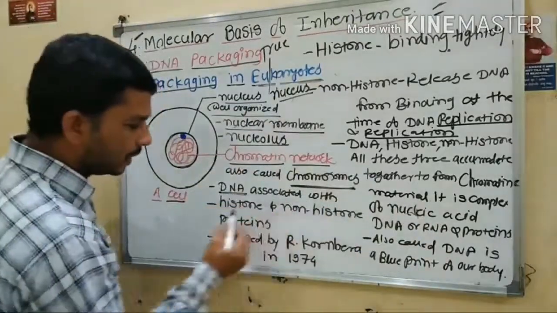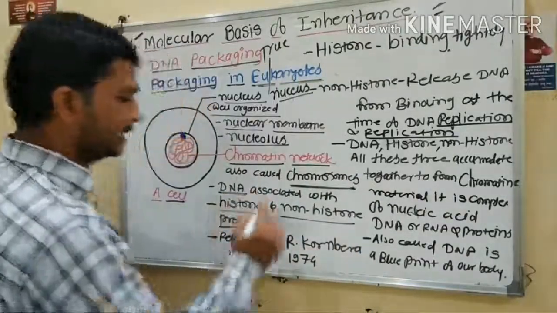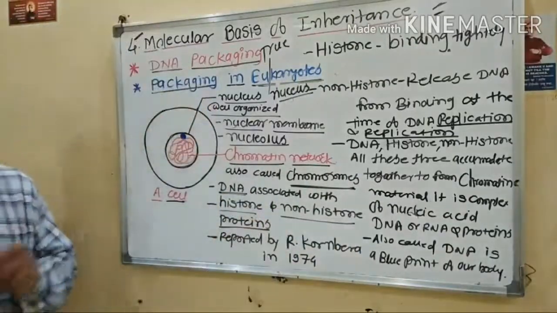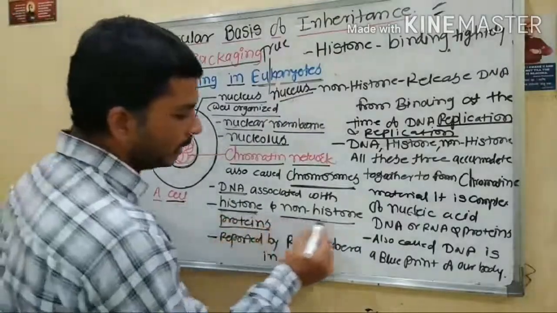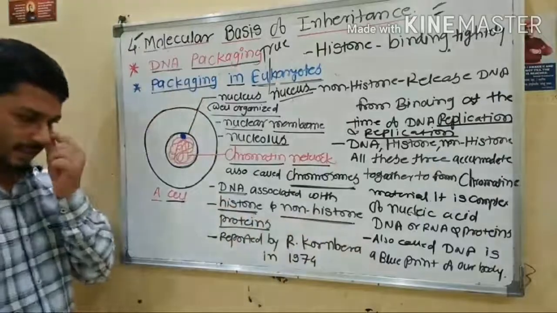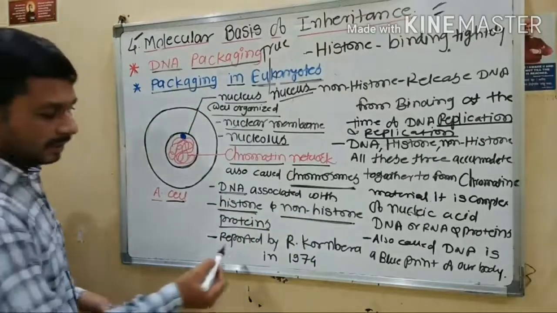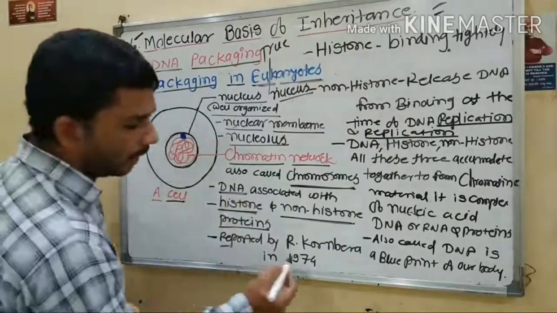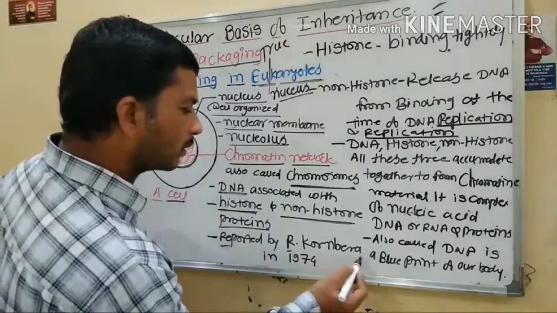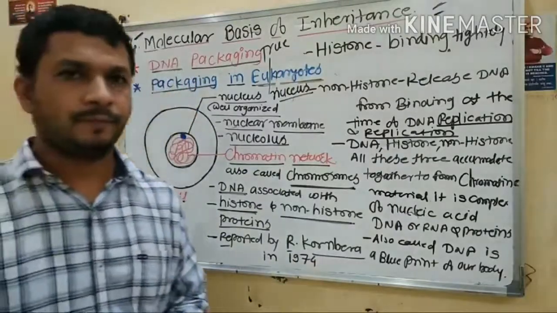Then DNA is associated with histone and non-histone proteins. DNA is associated with whom? With histone and non-histone proteins. Right? This concept was reported by R. Kornberg in 1974.